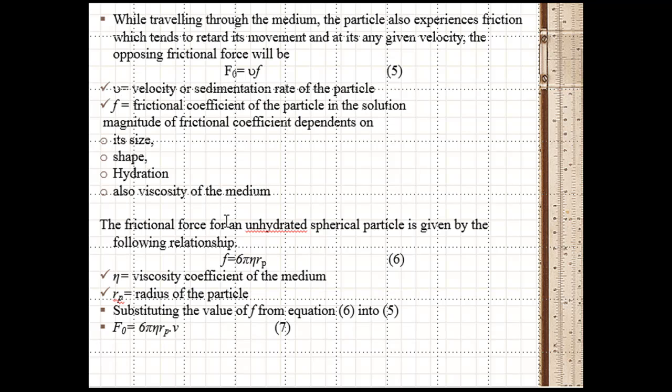The frictional coefficient for an unhydrated spherical particle is given by f equals 6 pi eta Rp, where eta is the viscosity coefficient of the medium and Rp is the radius of the particle. Substituting the value of f from equation 6 into 5, F naught will be 6 pi eta Rp v.